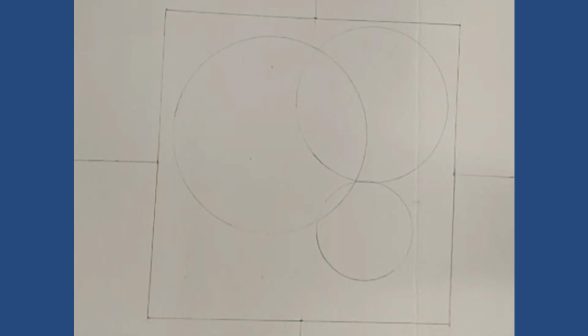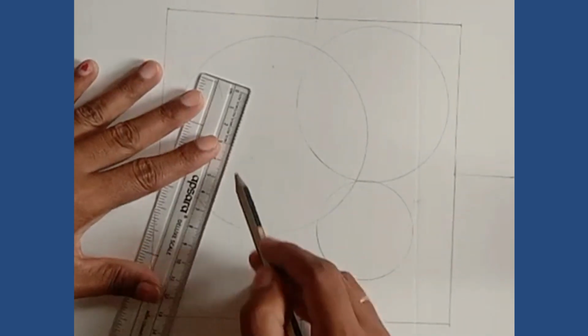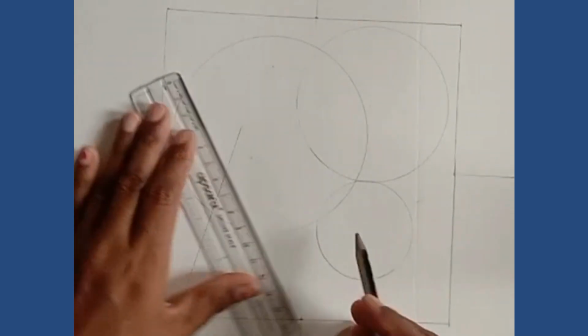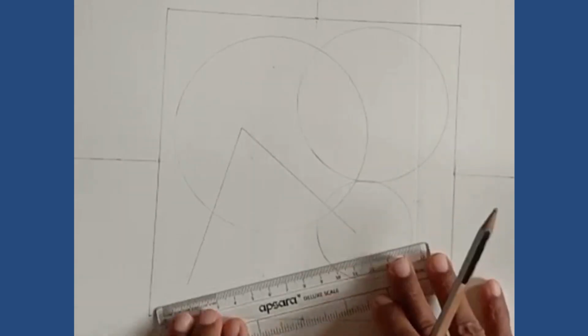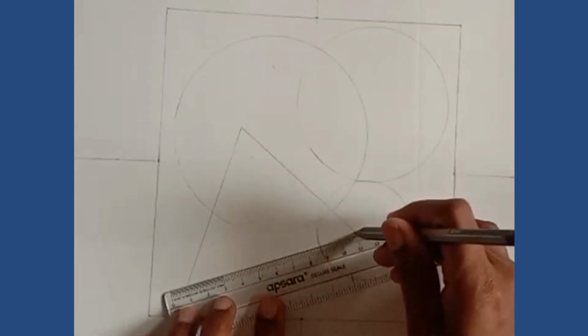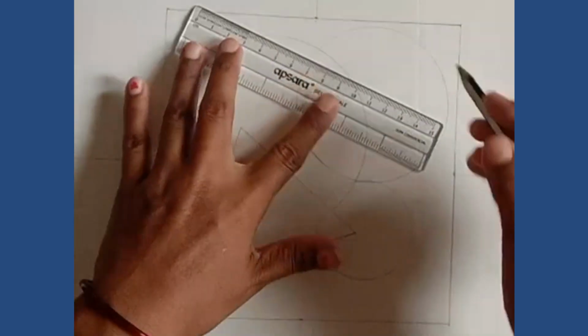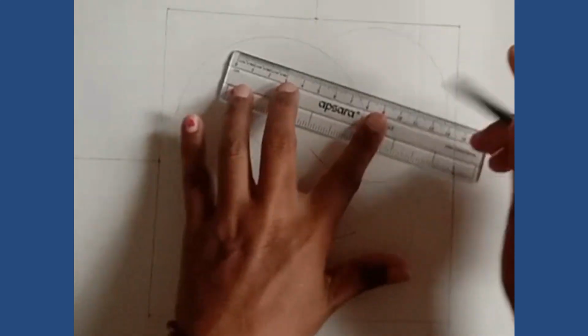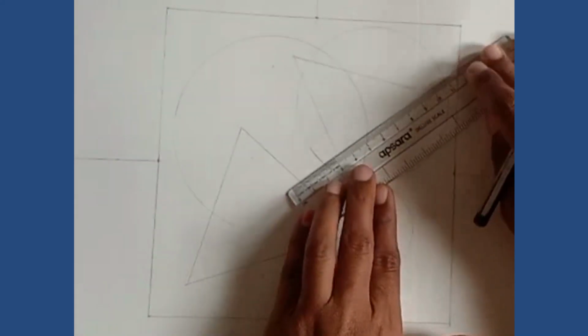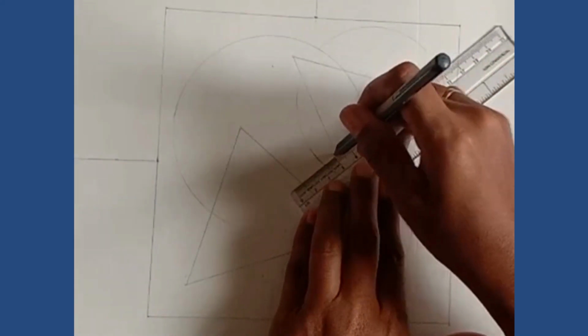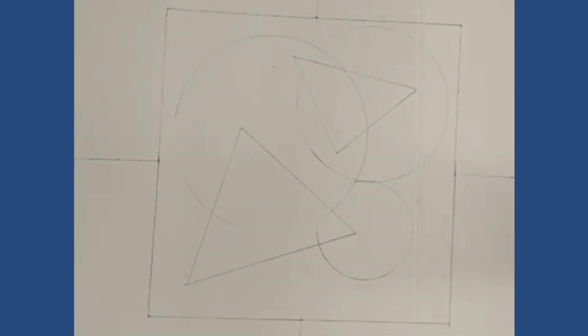It looks beautiful. Two triangles are also done.